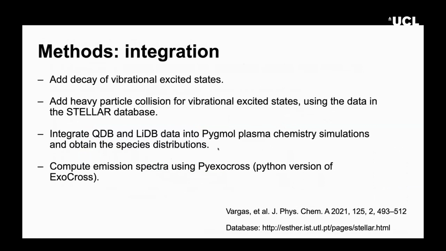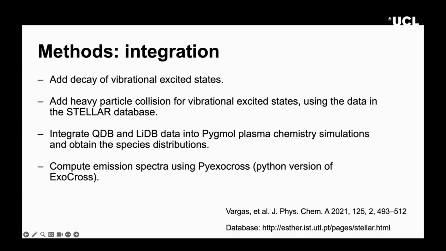So the whole process is this. We include the decay of the vibrational excited states, up to five vibrational excited states, in our Quantemol global model simulation, and then we add the heavy particle calculation for vibrational excited states using the data in the so-called stellar database, the reference data here.